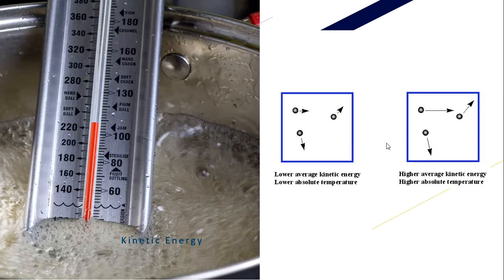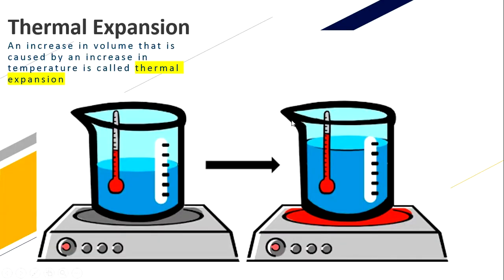This increase in energy can also cause molecules to move further apart. As the molecules in a substance spread out, it usually increases in volume. As you can see here, an increase in volume that is caused by an increase in temperature is called thermal expansion.